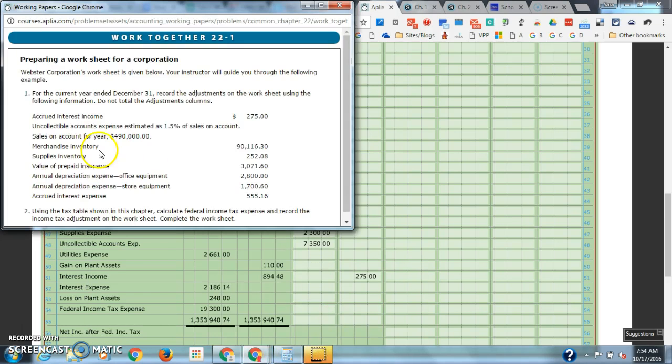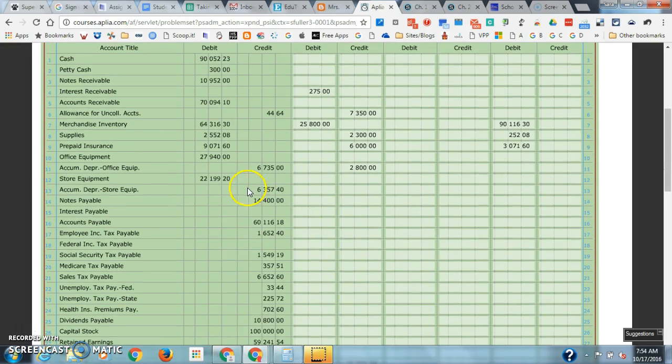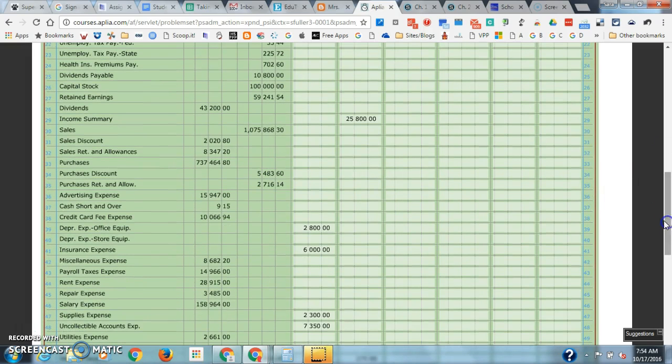And our next one, same type of thing, except it's for store equipment. 1,760. So credit in the adjustments. And our matching will be depreciation expense store equipment, 760.